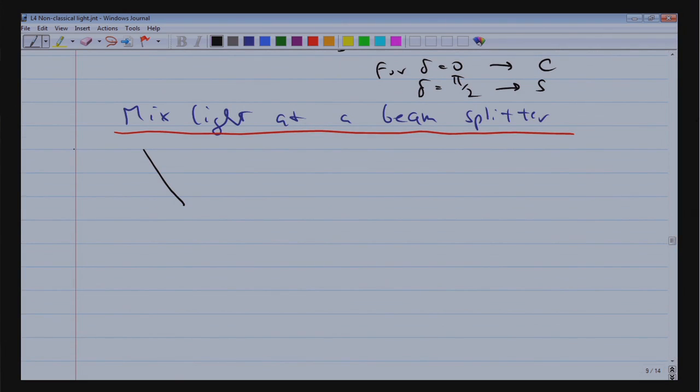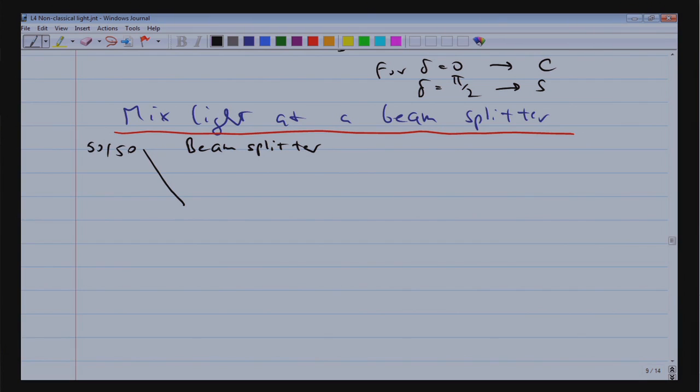For the purpose of this lecture, I simply assume that we have a 50-50 beam splitter. So what I'm telling you now about the beam splitter will be generalized either later today or in the lecture on Wednesday.